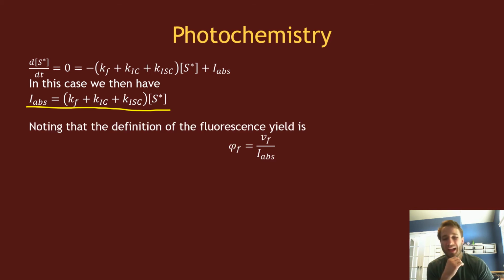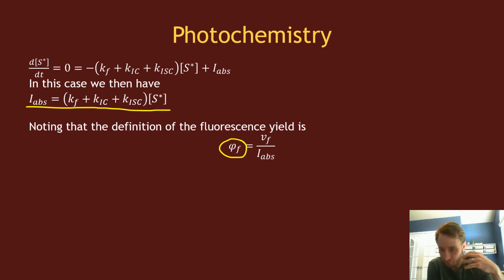If we go back to what we discussed earlier, the fluorescence quantum yield is how many fluorescence events you get over the total number of absorption events. You have 100 excited state molecules. Out of those 100, what percentage is going to emit light versus do something else?